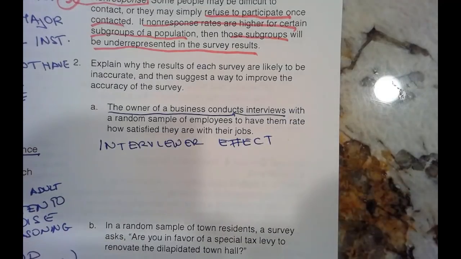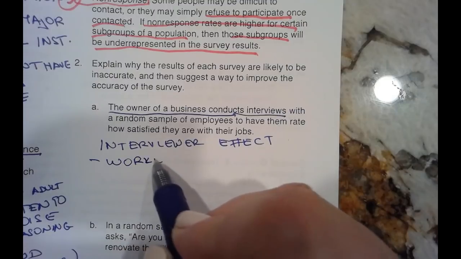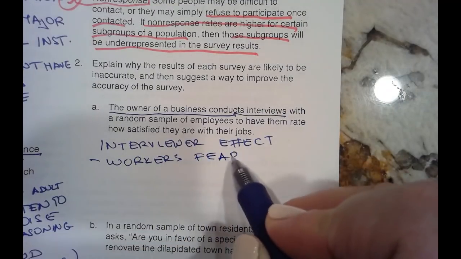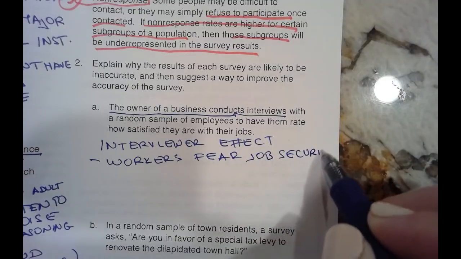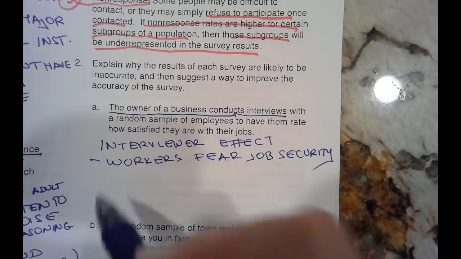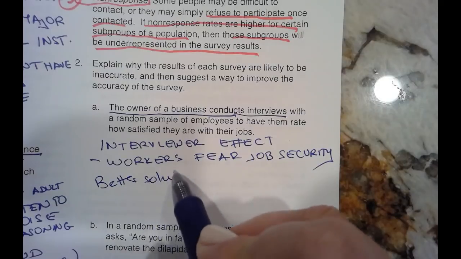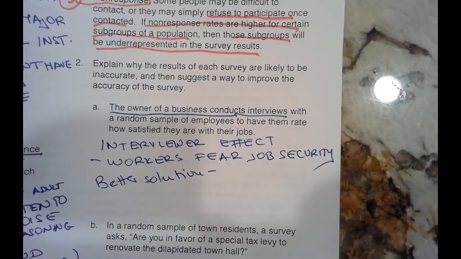The owner conducts interviews of the workers, so workers can fear for job security, so they might not be truthfully answering. And what would be a better solution? What do you think the better solution would be?